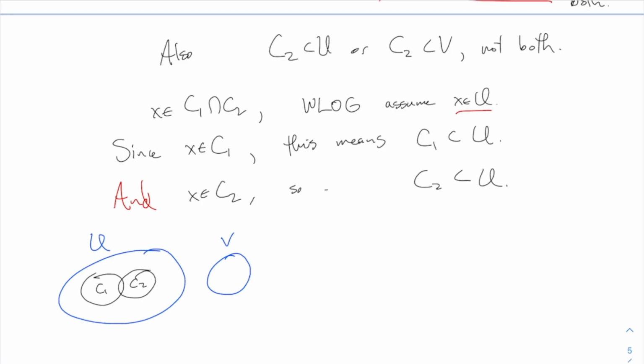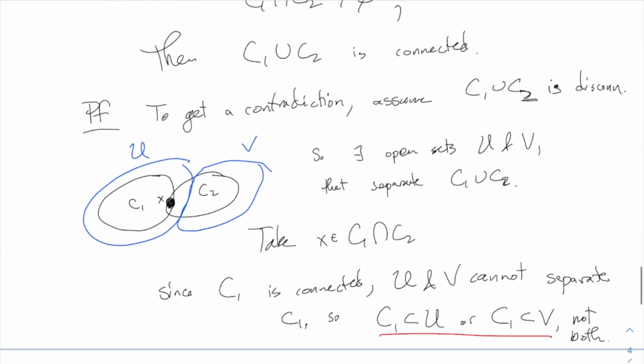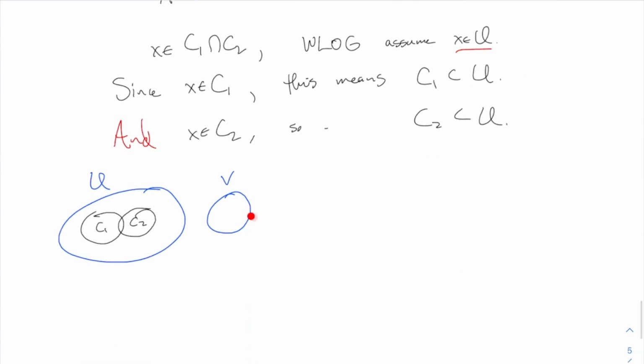Can someone say why that is a contradiction with something or other? What we could contradict is our assumption, which was intended to get the contradiction, that there's a separation. V can't be empty. This is not allowed in a separation because you have to have some stuff in each part. You can't have none of it on one side.